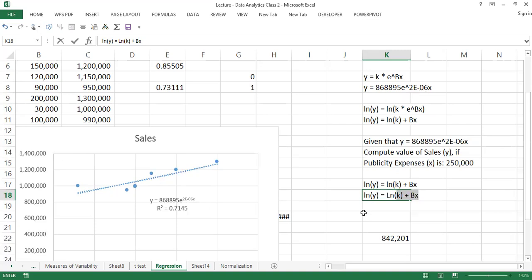Okay, so this k is 868895. Hope you know where this k came from: our scatter plot, from the equation on the trend line, the equation we got on the chart of our scatter plot. What next? Plus bx.